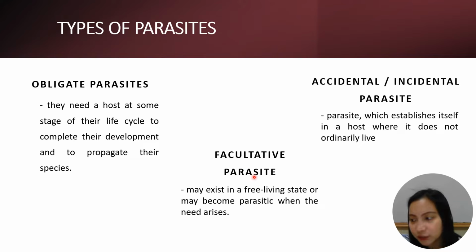A facultative parasite may exist in a free living state or may become parasitic when the need arises. So you call that facultative. It can be free living, so it can live in lakes or in bodies of water, or it can become parasitic when there's a need.